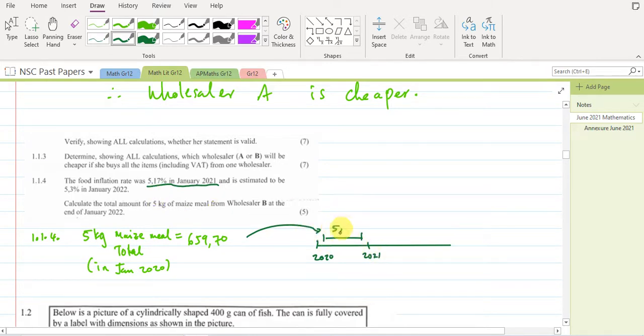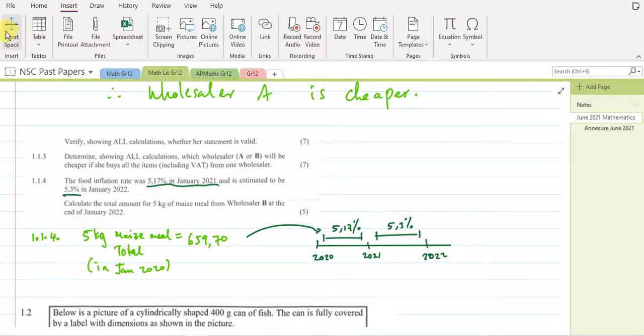The inflation rate here is 5.17%, and it is estimated to be 5.3% in January 2022. So clearly we have to work it out over 2 years. We can say the inflation rate over here is 5.3% from here to there. So we need to accumulate this amount for 2 years at these different rates. So let's see.